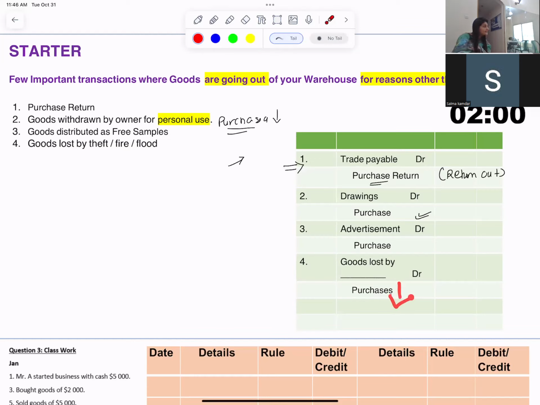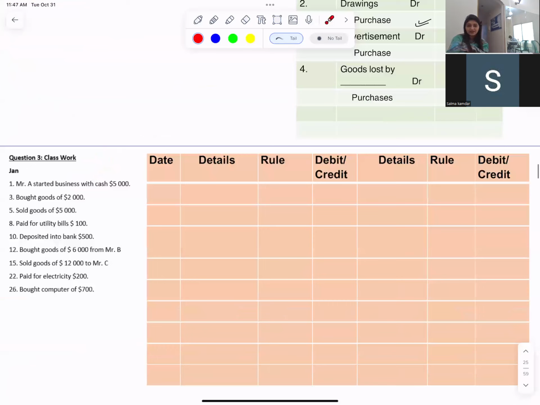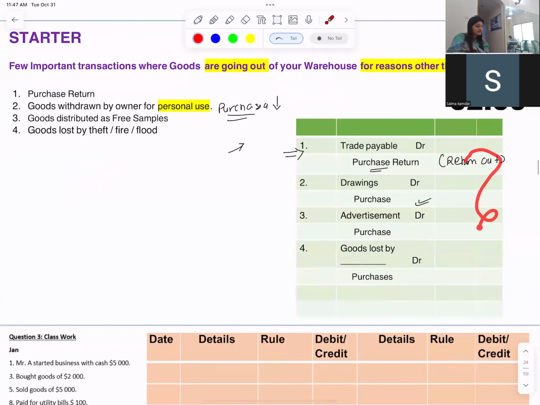If you've taken it home, then drawings will be debited. If you are distributing, then goods distributed as free samples can be debited, or advertisement can be debited. If it's lost by fire and theft, then loss will be debited, and purchases will be credited. These are four unusual journal entries where purchases are credited.